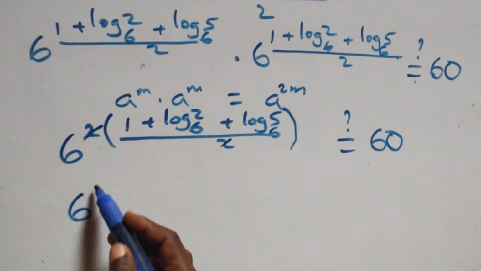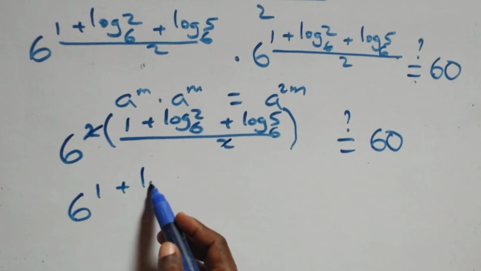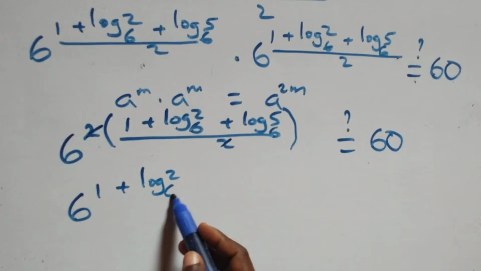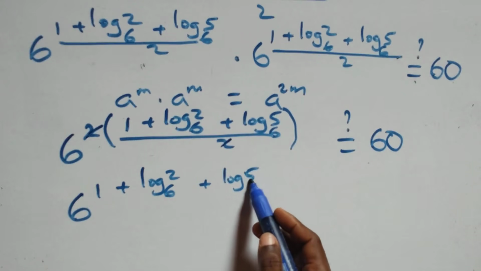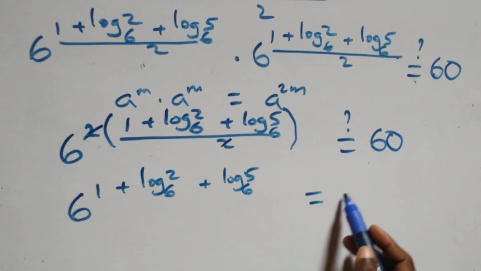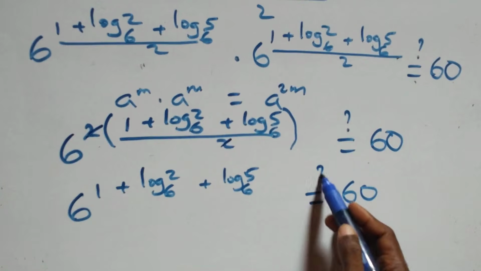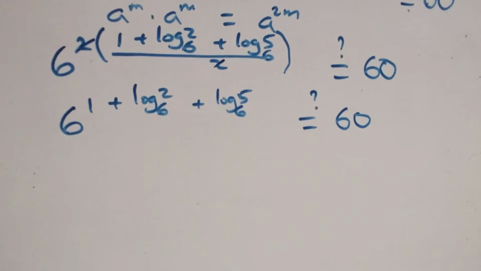We have 6 raised to power 1 plus log 2 base 6 plus log 5 base 6 equals 60 on this side.